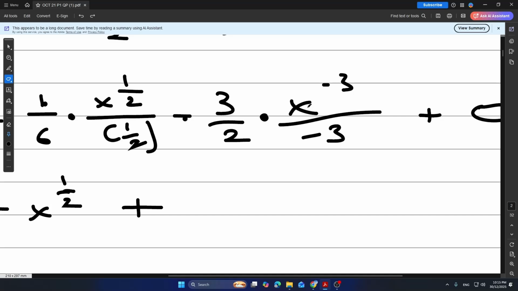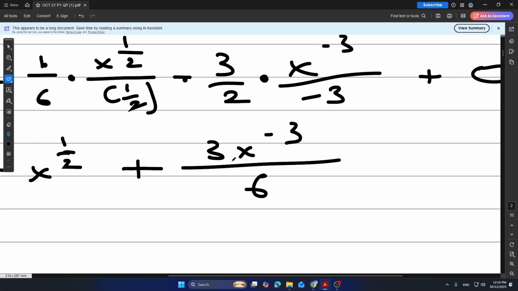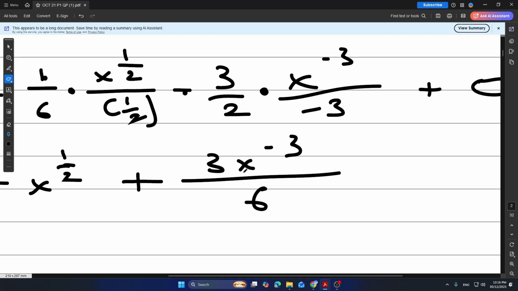So 3 times x power minus 3 is going to be 3x power minus 3 over 2 times 3 is 6. And 3 over 6 is the same as 1 over 2. Because 3 over 6 is half, so 1 over 2.